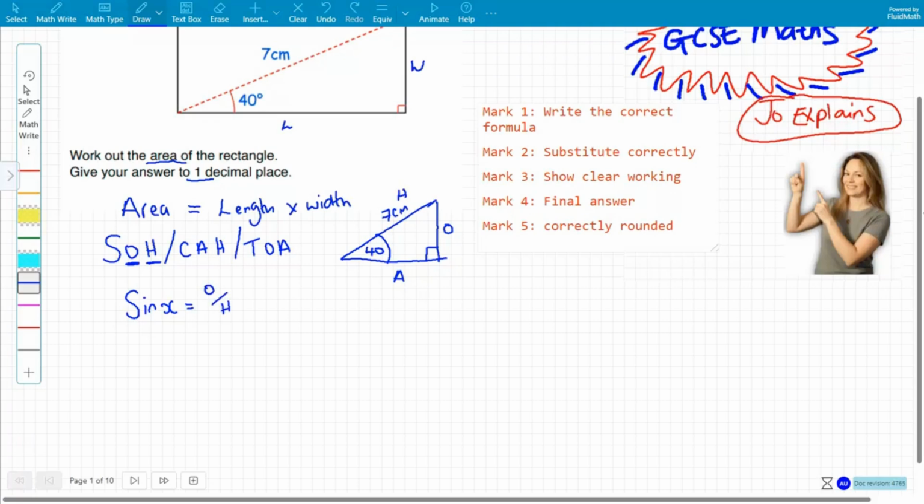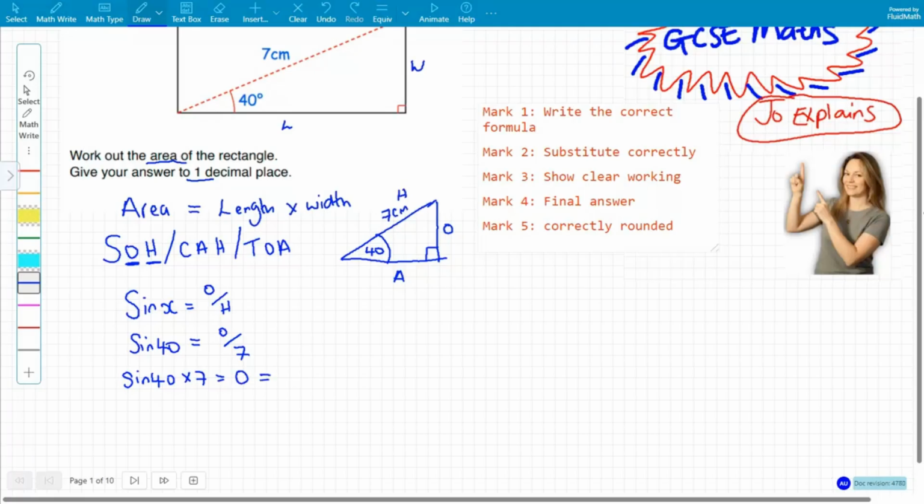Now let's substitute in, because we'll get marks for substituting correctly. So sine 40 is equal to, we don't know the opposite, over 7. So that's my substitution. I now need to rearrange, so it's going to be sine 40 times 7 equals my value.